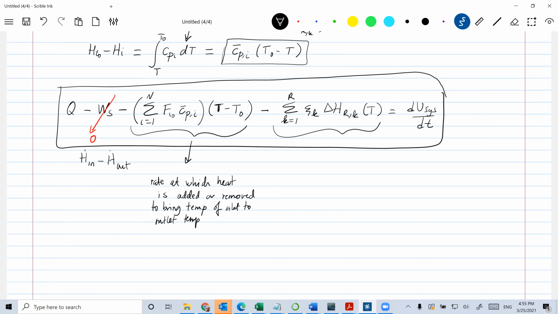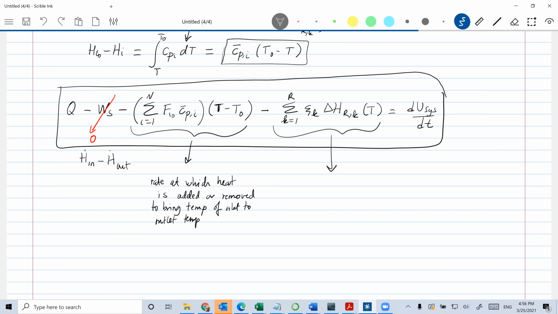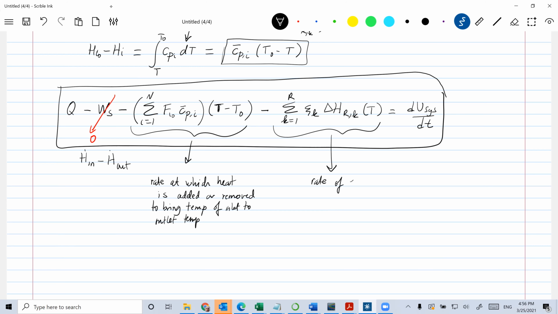So essentially what you're doing is breaking down your process into two kinds of heating. You have the heat you're adding to bring your temperature up, and you also have the heat of reaction itself. So this is the rate of enthalpy change associated with conversion.